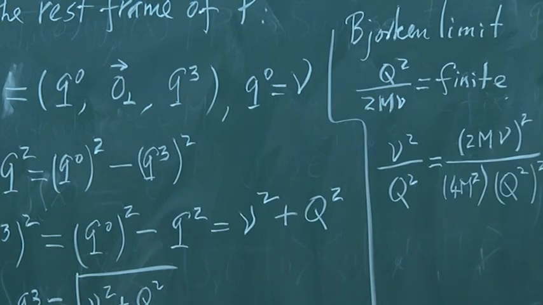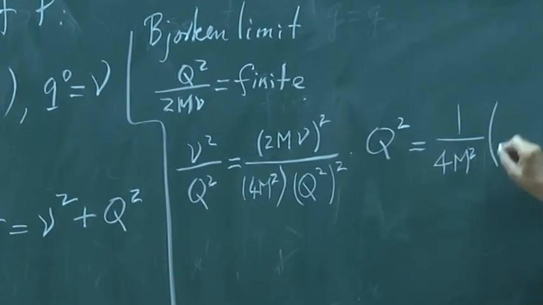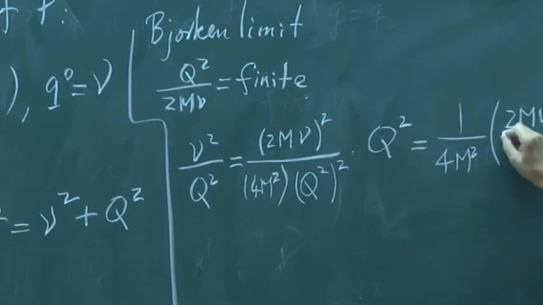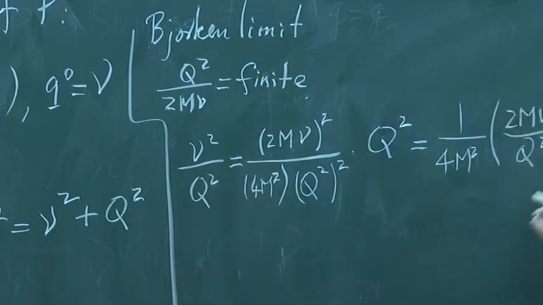Okay, so this Q squared cancels this Q squared, gives me this one. 4m squared cancels the m squared, get the mu squared. So this equals 1 over 4m squared, and then I have a 2 mu over Q squared, and then a Q squared. So what I'm trying to say is that this number is finite. So mu squared over Q squared is order Q squared is much bigger than 1.